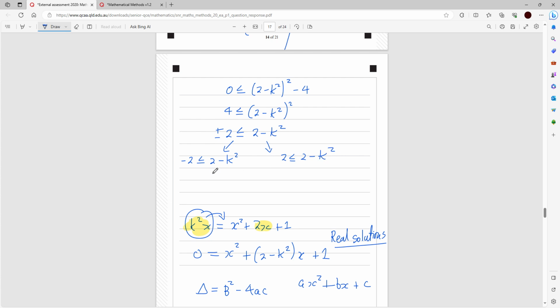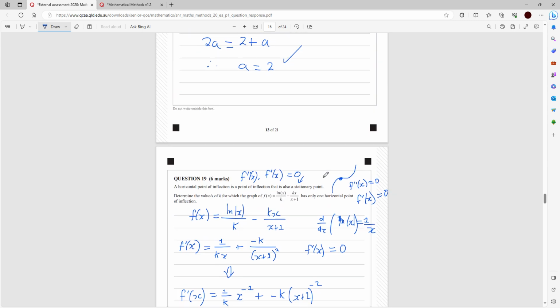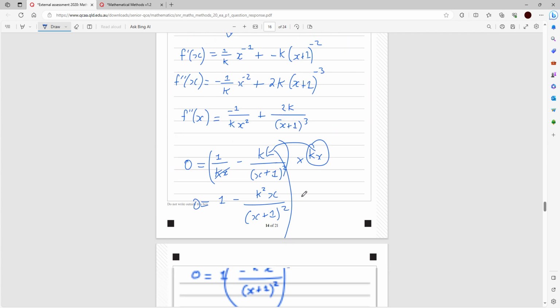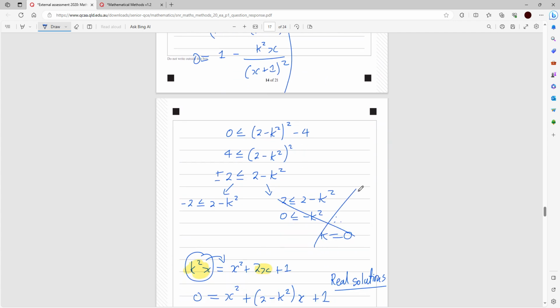In this solution here, we're going to have 0 is less than or equal to negative k squared, which we can't have because that implies k is equal to 0. And if you look at our function here, if k is equal to 0, that's 0, and so is that 0. So you have a divide by 0 there, and then this term would be 0. So there'd actually be no function. So that is not possible.